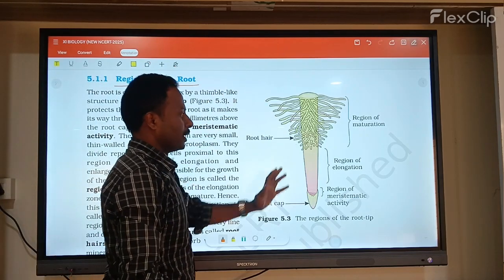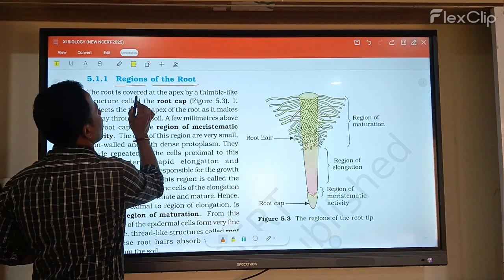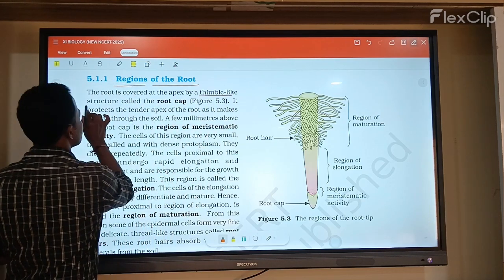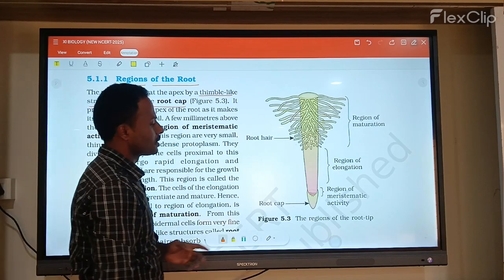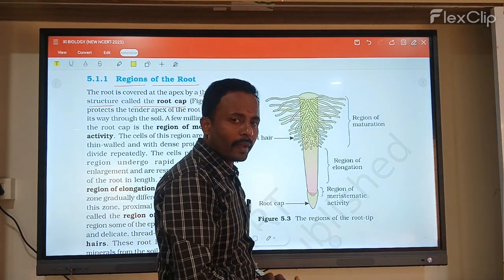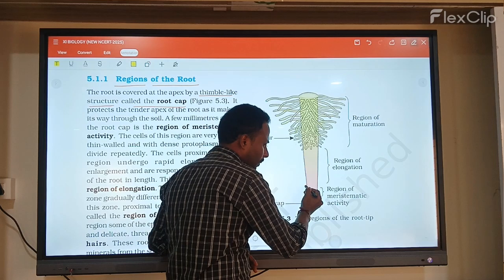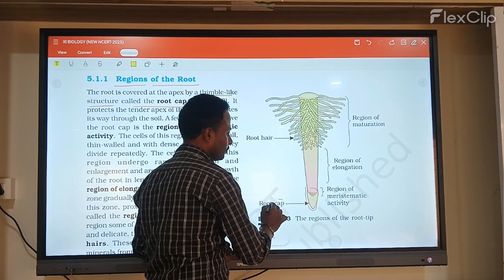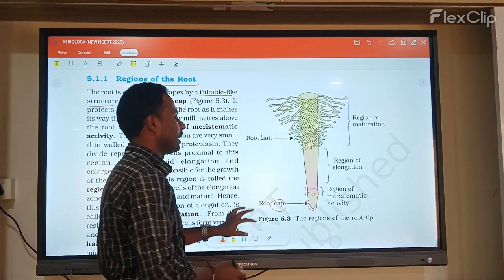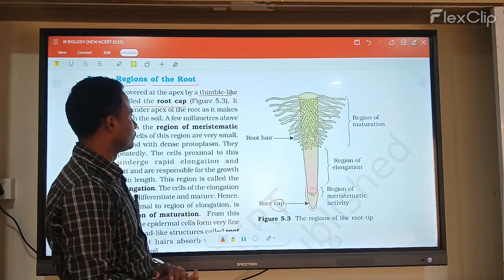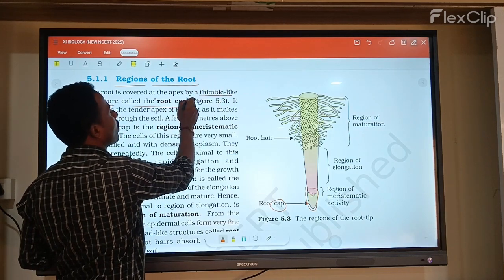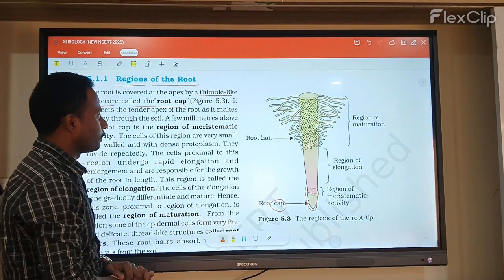See, take one particular root. The root apex is covered by a thimble-like structure called the root cap. In this complete root, at the tip, a thimble-like or cap-like structure is present, and that cap is called what? Root cap.